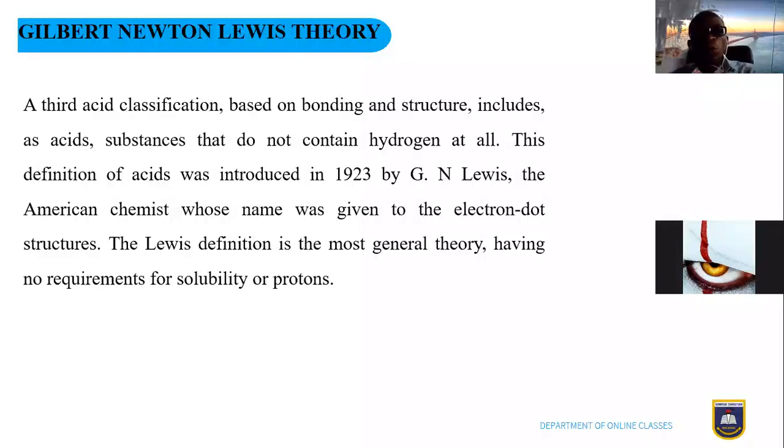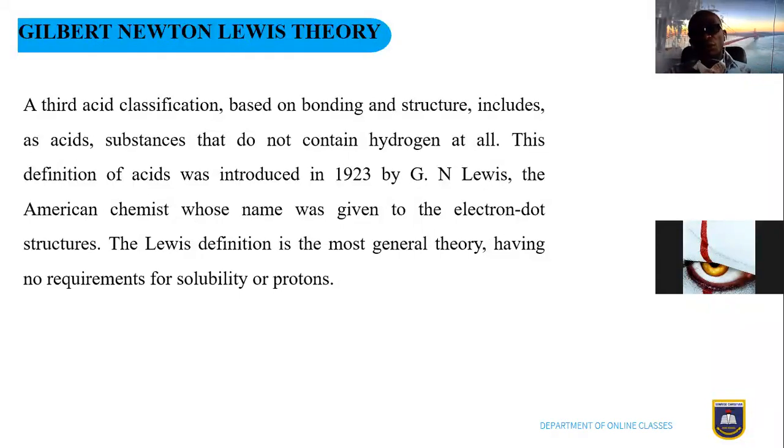Gilbert Newton Lewis is the last person we want to look at. He introduced his theory, his definition of acids and bases, in the year 1923. The name is G.N. Lewis, but in present day chemistry, you always see Lewis.